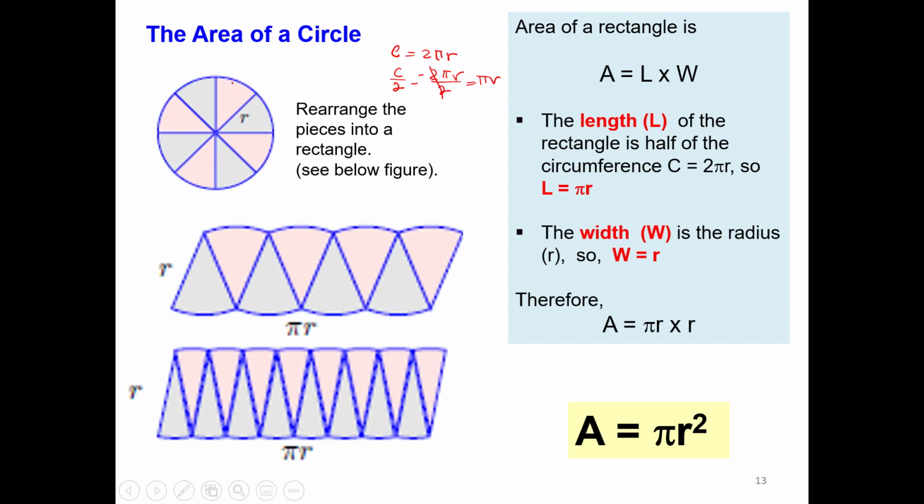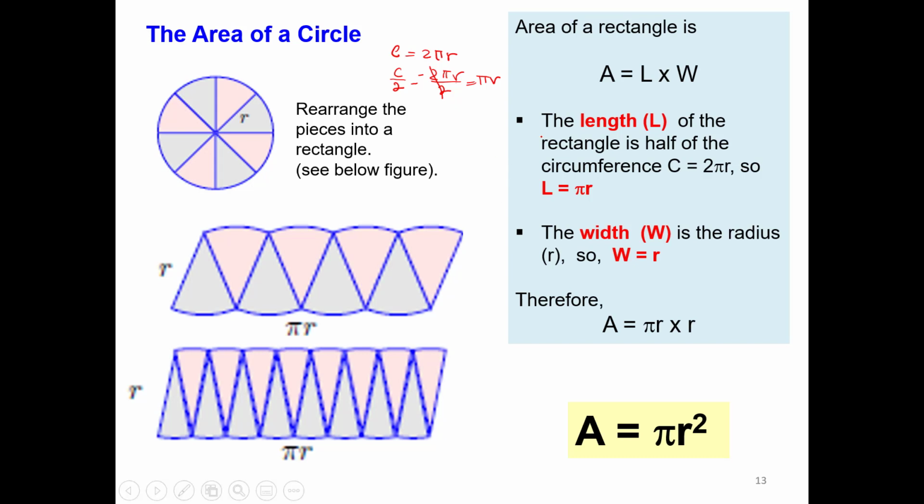If we rearrange these pieces into a rectangle, we will have something like this. Again, the length corresponds to half of the circle, and the width corresponds to the radius. Now it looks more like a rectangle.